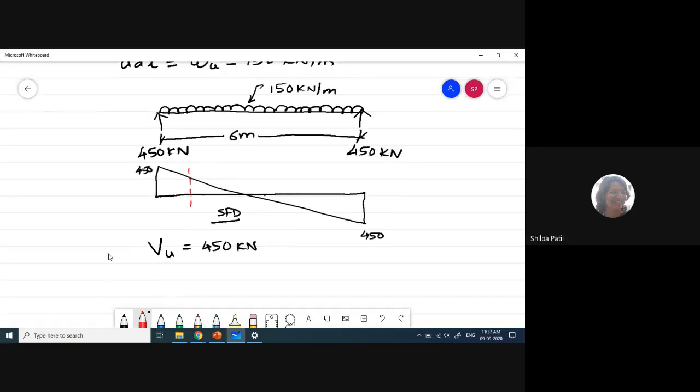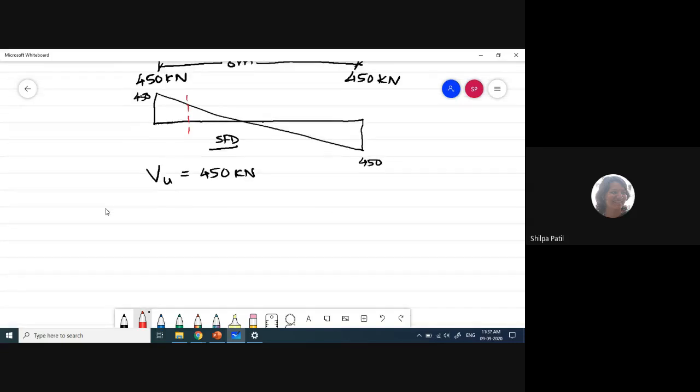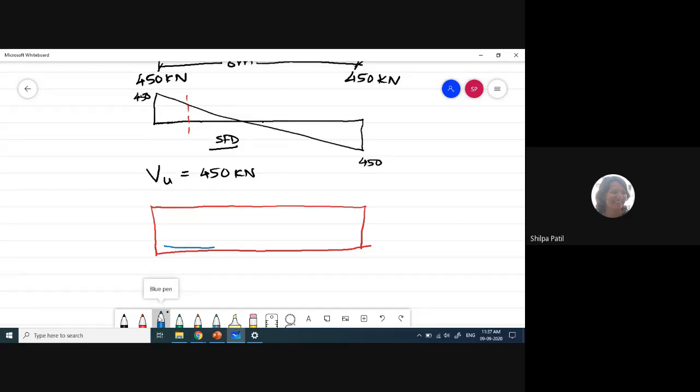If I want to draw a cross section of a beam over here, suppose this is my beam. This is a longitudinal section, not a cross section, of a beam. Let us consider the main reinforcement with some different color. This is my main reinforcement. I'm sorry, I'm not able to draw an exactly straight line.